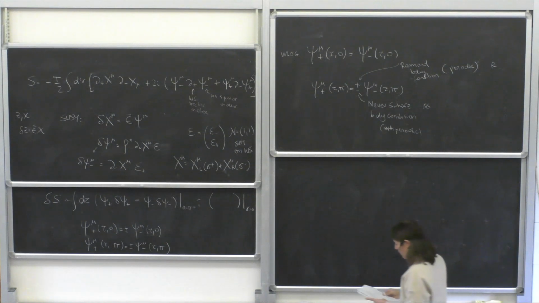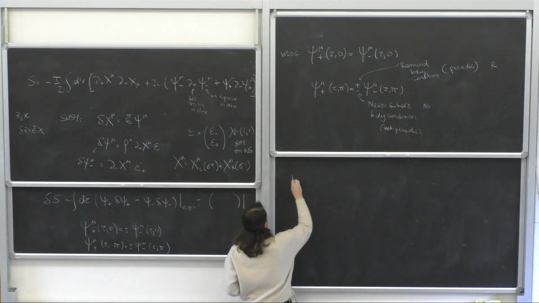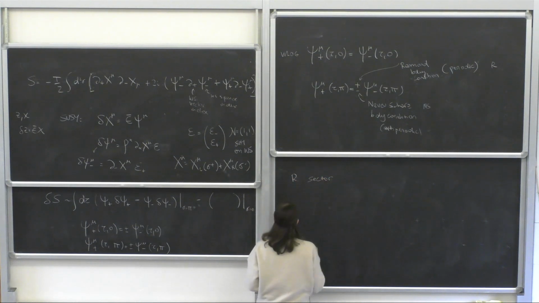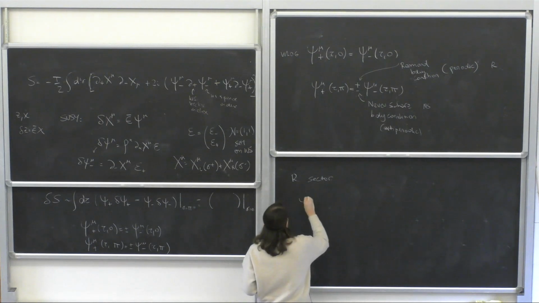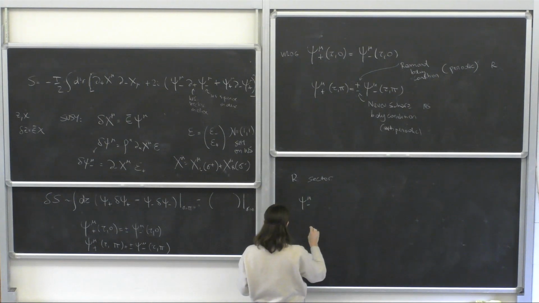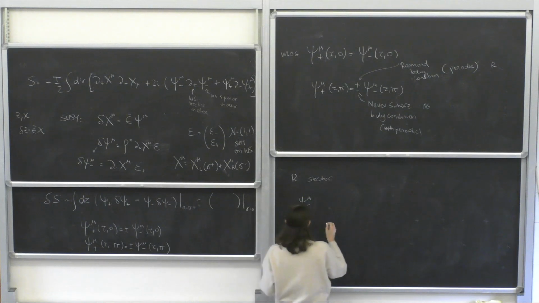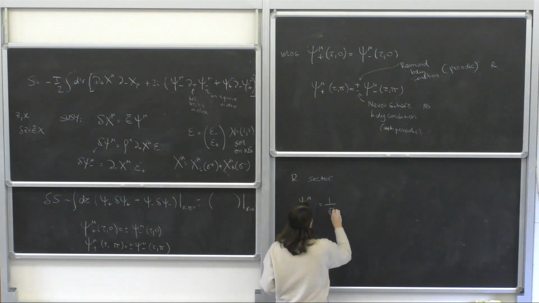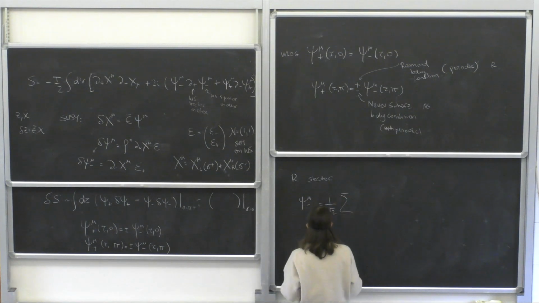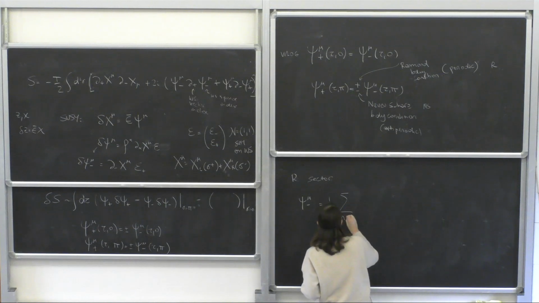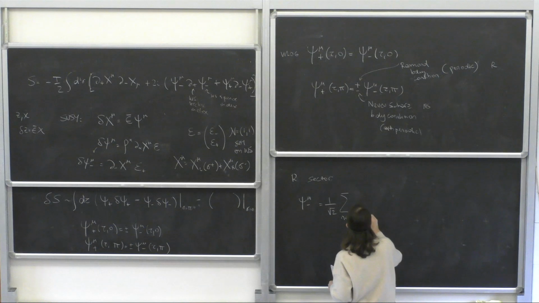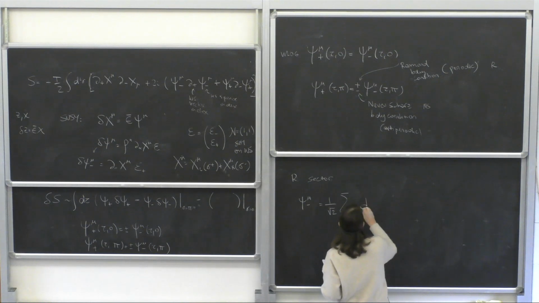So in the R sector, psi mu minus, which depends on sigma minus, is equal to 1 over square root of 2, which you need to have all the right commutation relations, times a sum over integer modes.